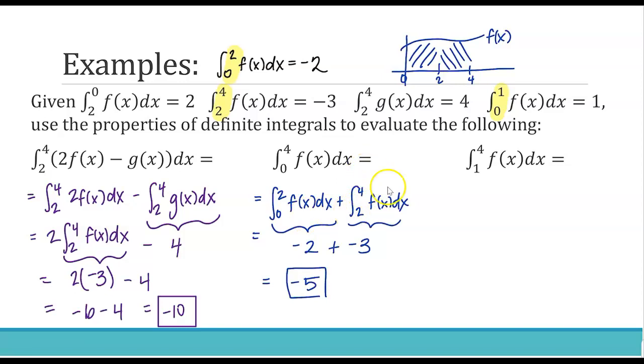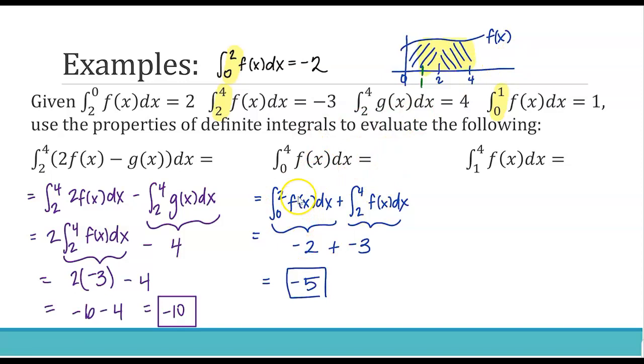Okay, so now the final part here is find the integral from 1 to 4 of f of x dx. So keeping with this sketch I drew up here, I'm interested in the area from 1 to 4. So let me use a highlighter for that. I'm interested in this piece right here.